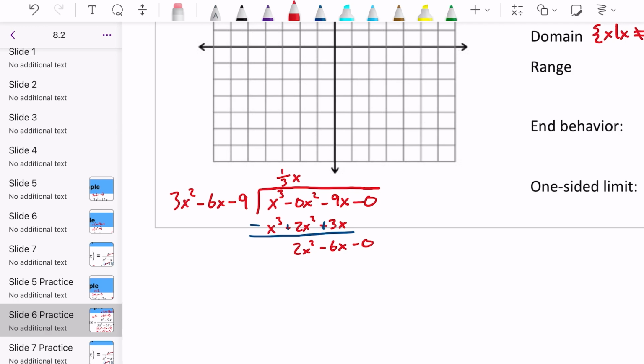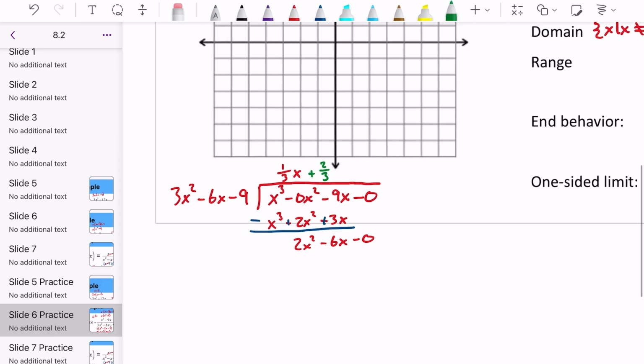And once again, we repeat the same process all over again. In this case, we are going to multiply by 2/3. 2/3 times our number on the outside would give us 2x squared minus 4x minus 6.